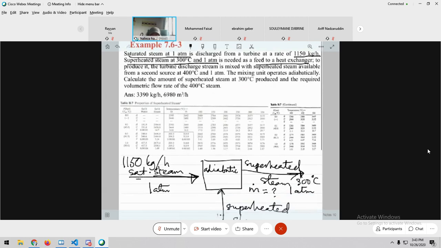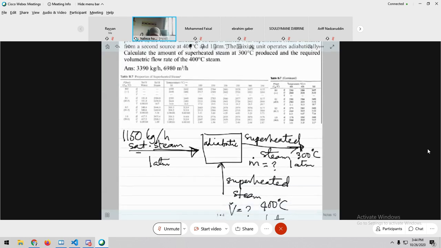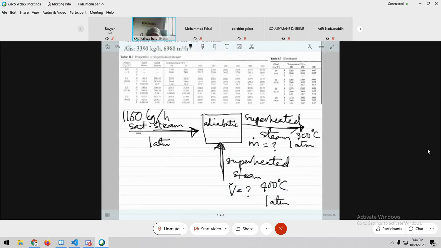The steam from the turbine is going to be mixed with another superheated steam. So I'm going to push this up. Okay, this is another superheated steam. The second stream here is another superheated steam. It is at 400 degrees C and 1 atm. I'm going to mix it and produce this outlet superheated steam. That's the question. Is that correct?